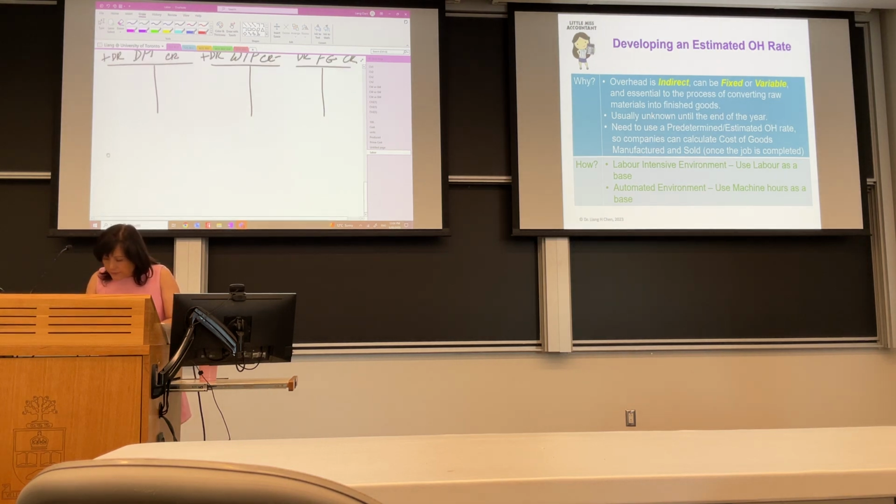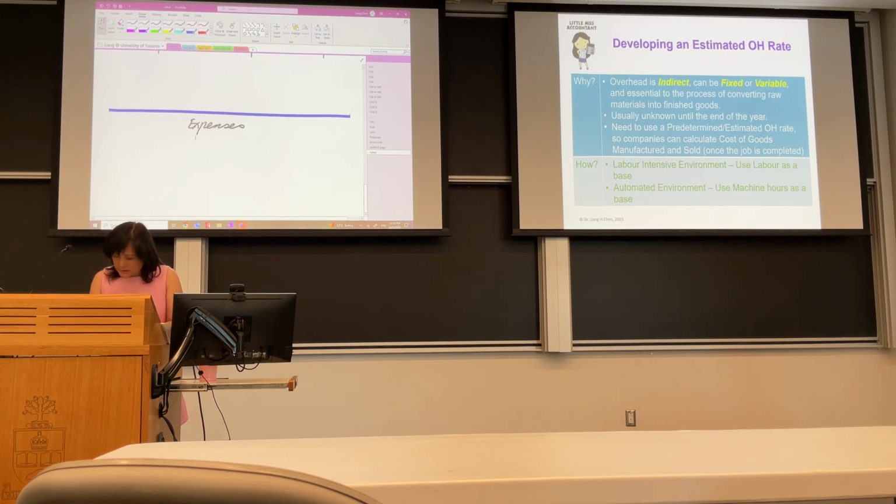We also have 3 types of account: expenses. I showed you this last class. So we have the manufacturing overhead account and cost of goods sold. Last class, I made a point to tell you that in the manufacturing overhead account, we list all the expenses for overhead.